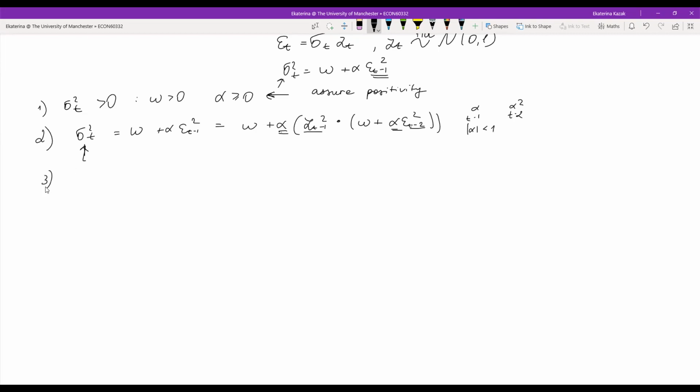The third thing which we would like to discuss now is the very important property, namely the AR(1) representation. This representation is very useful as it allows us to derive a lot of properties of an ARCH(1) process using the knowledge of the usual time series analysis and the properties of an AR(1), for instance. In order to derive this representation, we will add epsilon t squared to both sides of the equation.